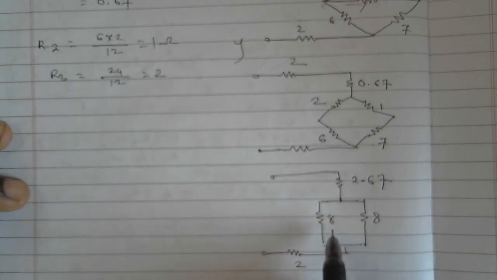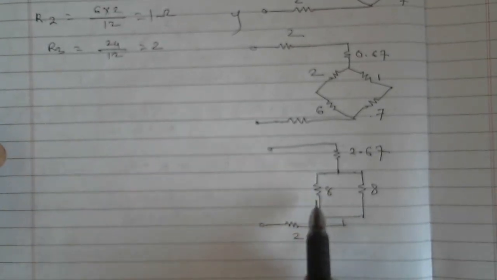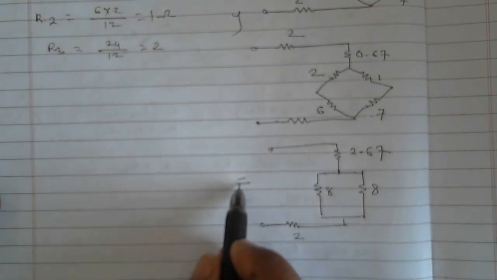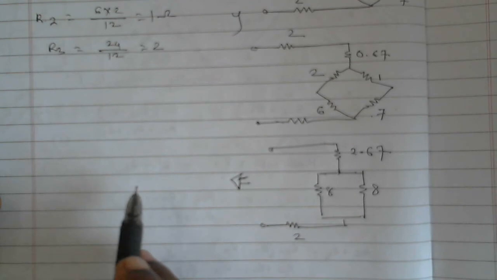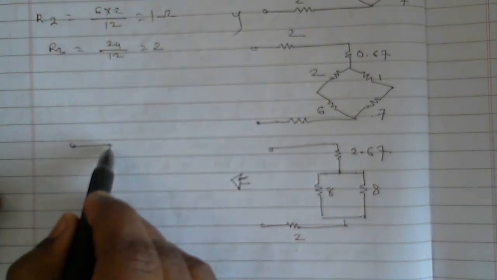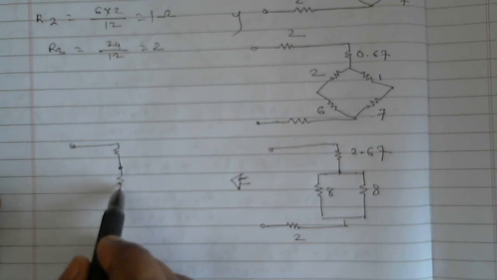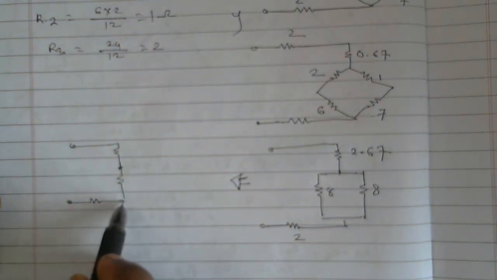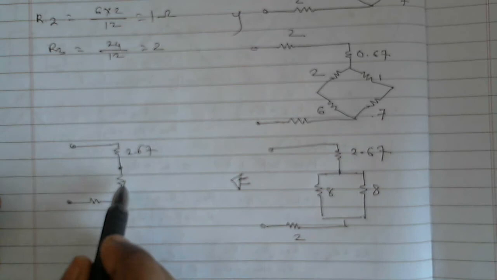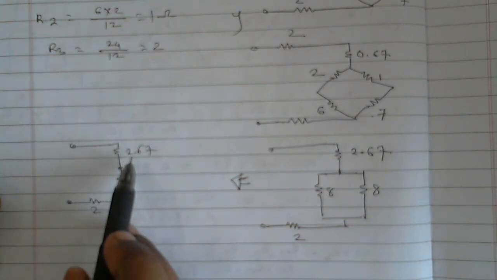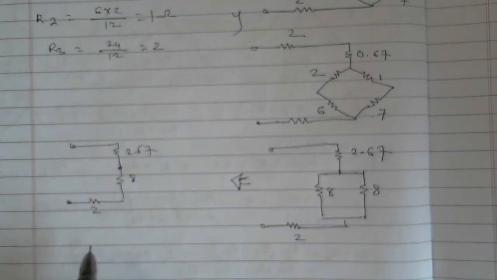Now 8 and 8 are in parallel, and when two equal resistances are in parallel, the equivalent is half of it. So I can draw the circuit on the left hand side, that is 2.67, 8 and 8 half is 4, and this 2.